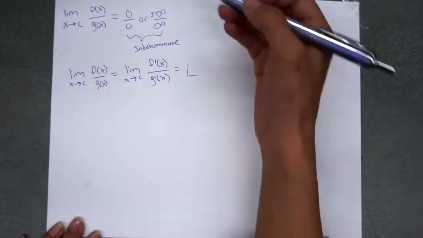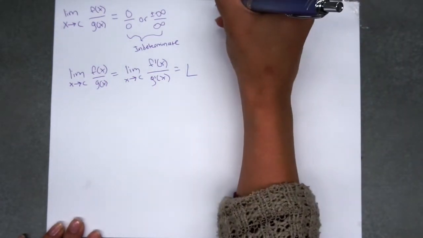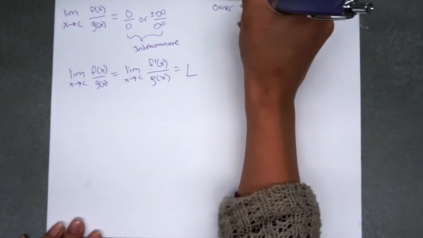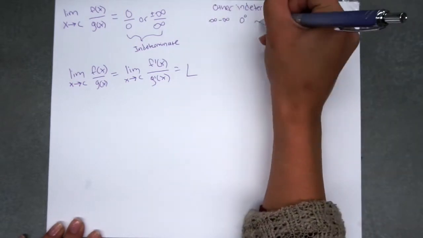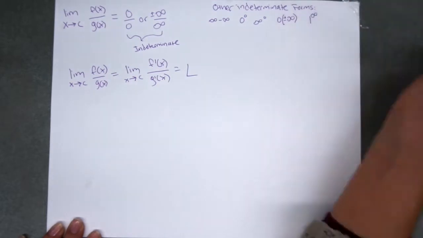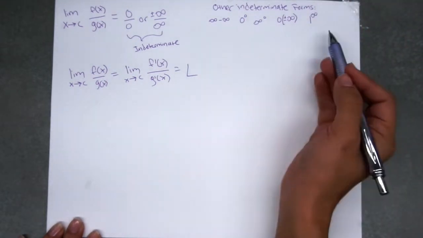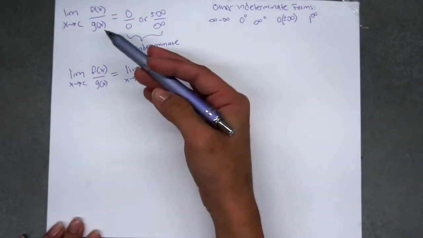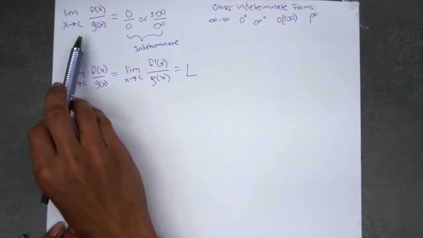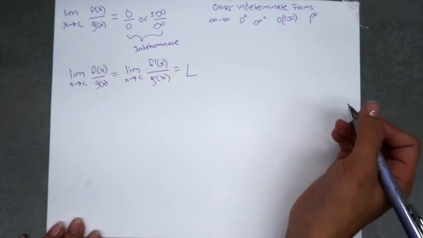So these are two of the indeterminate forms. There are other indeterminate forms, and if we have one of these, then we have to transform our function into a fraction in order to apply L'Hopital's rule. So let's do some problems.